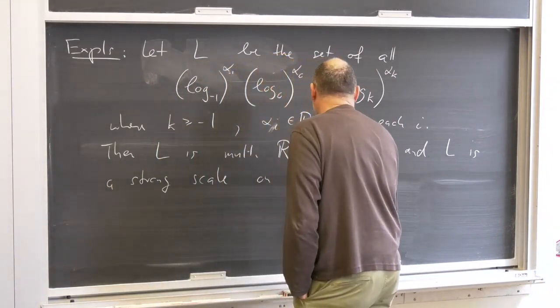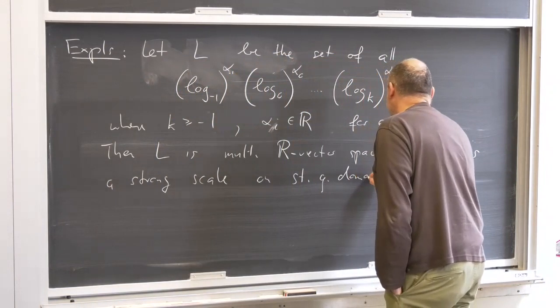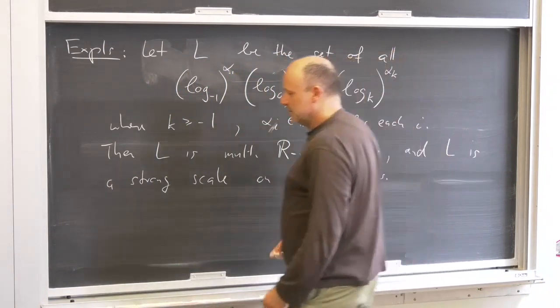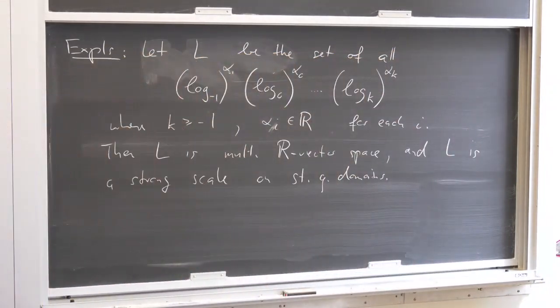On standard quadratic domains. That's actually an important observation. That explains why we're working on standard quadratic domains to begin with. I mean, why don't we just work with the extensions to half planes, for example?